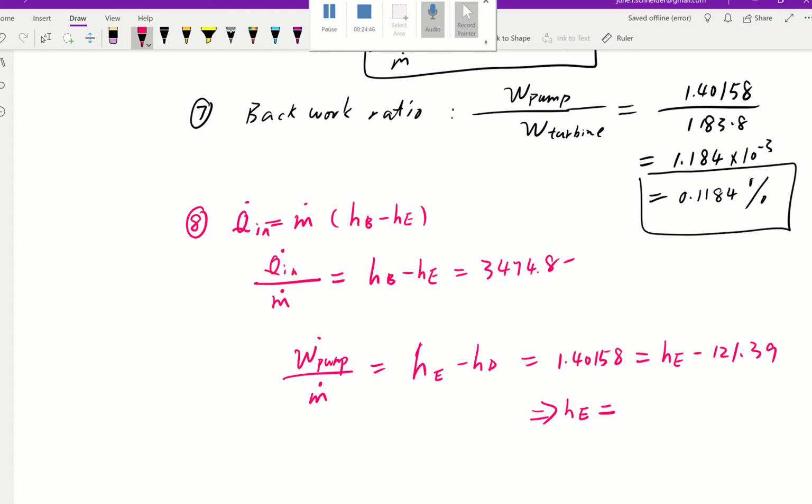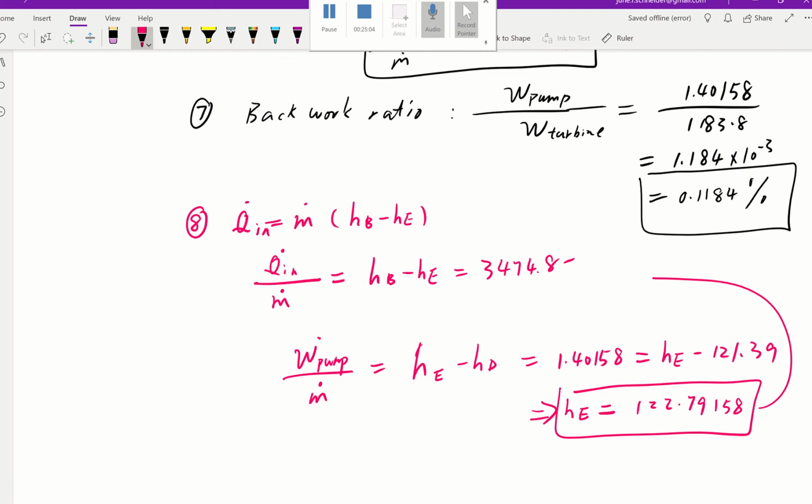So it's 1.40158 plus 121.39. Then you figure out HE is about 122.79158. Then knowing that HE, you can bring it back to the heat required equation.